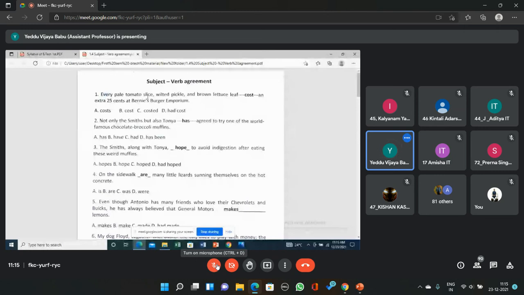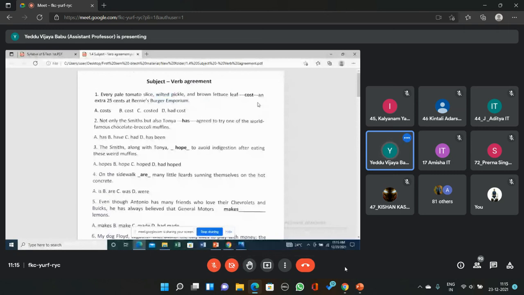Wilted pickle comes in all together. Understand? Yeah, lettuce leaf. One is the singular form. Then wilted pickle, another form. And brown lettuce means all together, what happens here? Plural. So costs or cost. If it is only one singular form, then it's called costs. If it is plural, then cost.